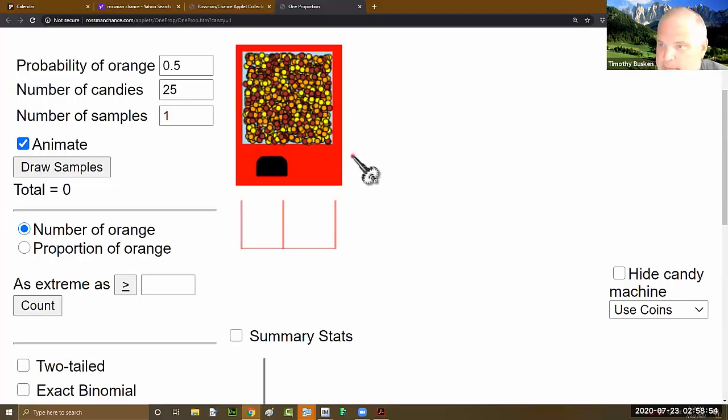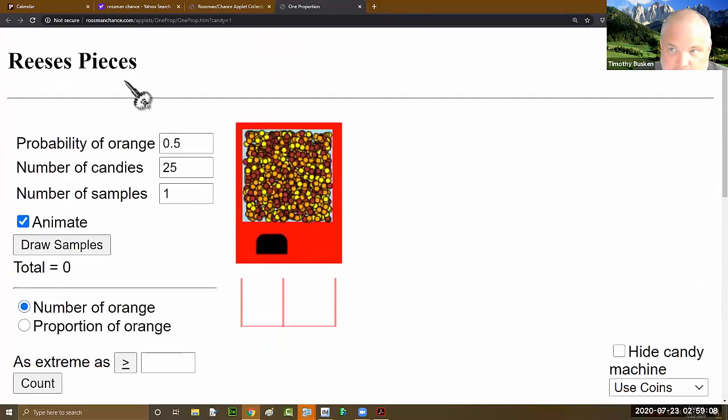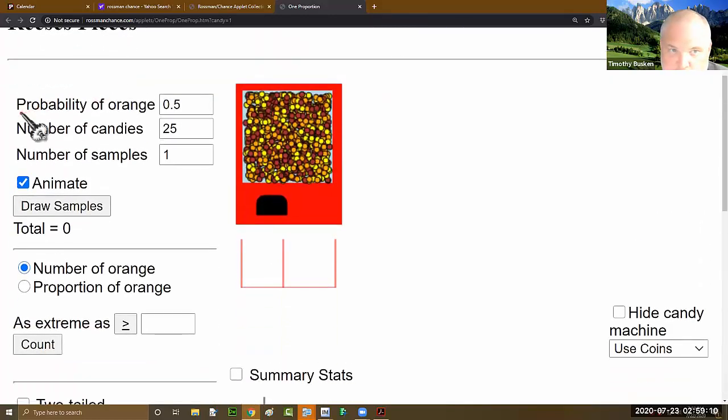Okay, but going back to the example here, suppose this is that candy machine, and suppose that the actual percentage of orange candies, these are Reese's Pieces right now, but suppose that the actual percentage of orange Reese's Pieces in this device is 50% or 0.5, okay?